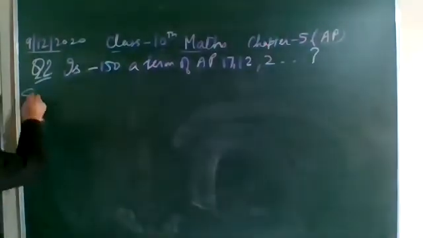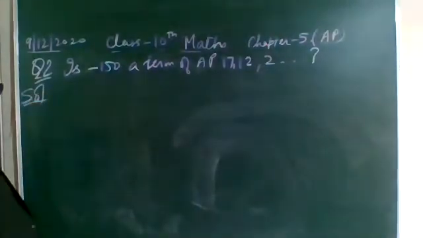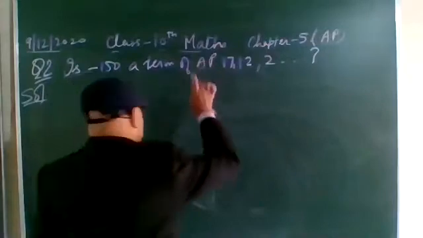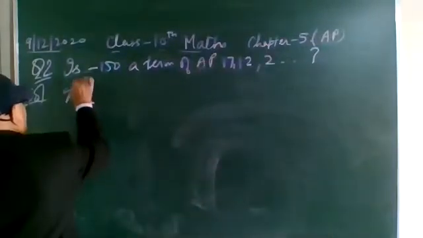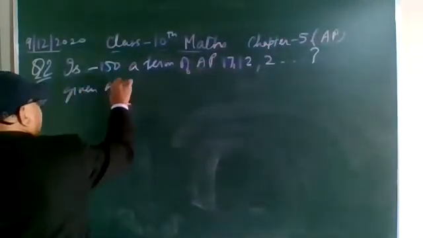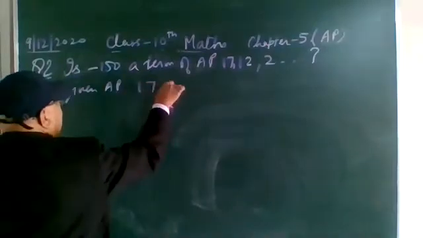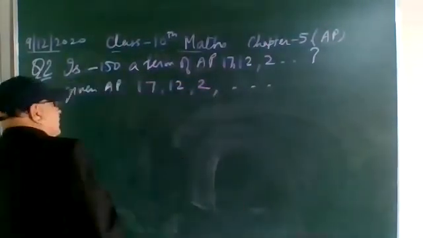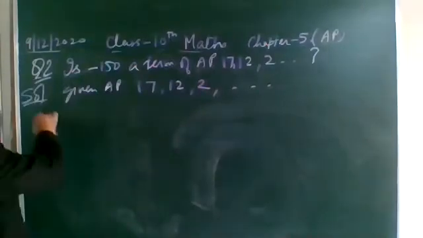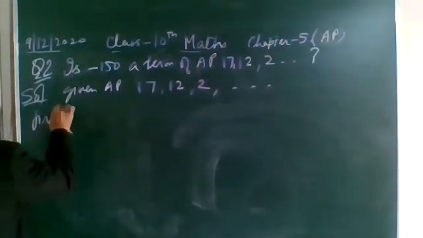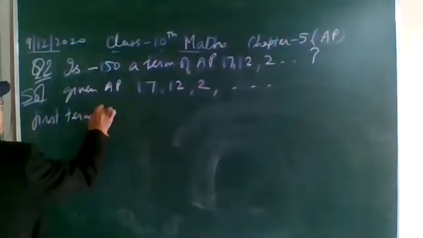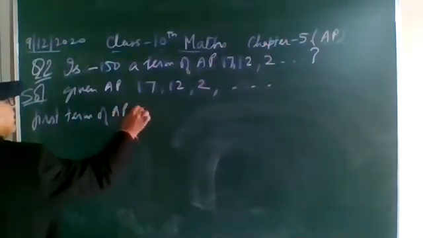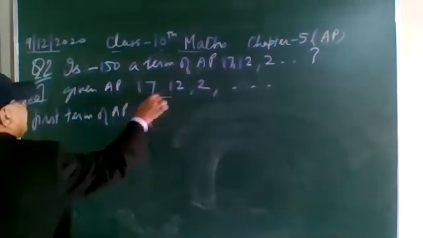So first of all, because here the AP is given, you will write given AP 17, 12, 7 and so on. After that, what you write? First term of AP a, that is 17.